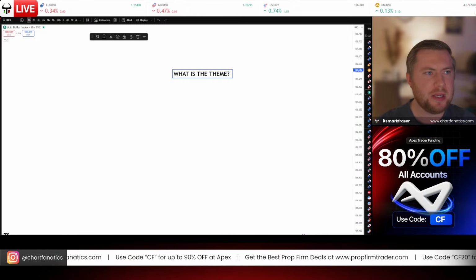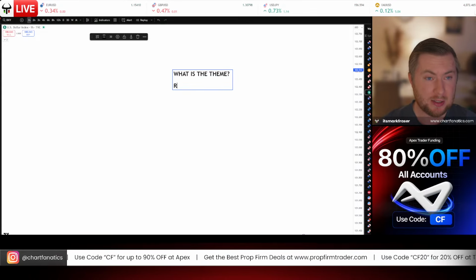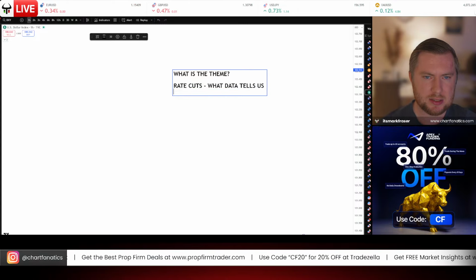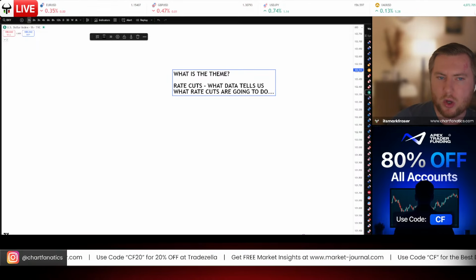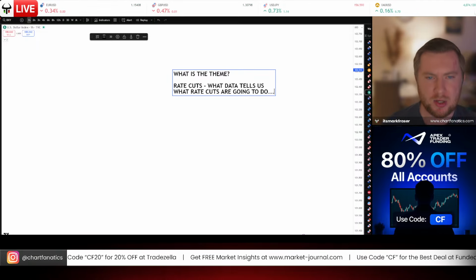For example, if the theme is about rate cuts, all you think is, what data tells us what rate cuts are going to do? Any data that suggests what rate cuts are going to do will move markets.